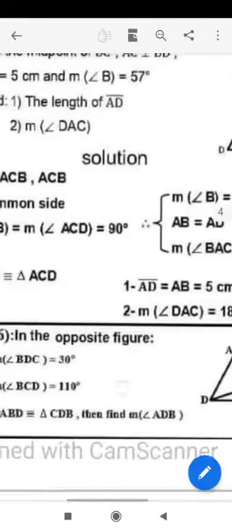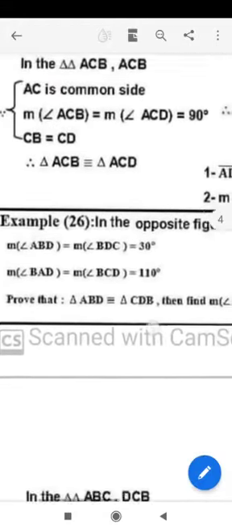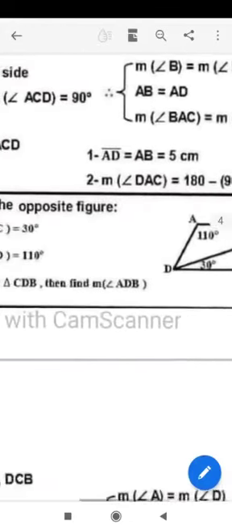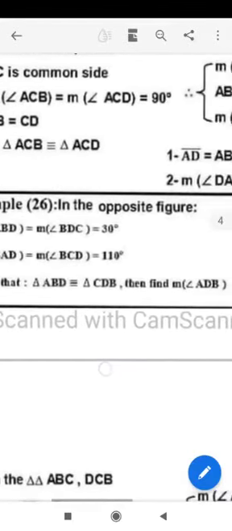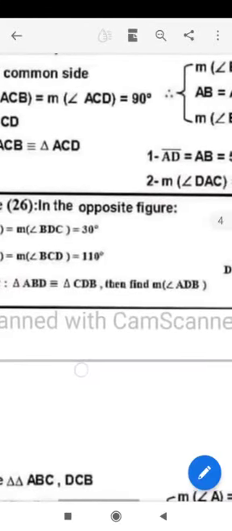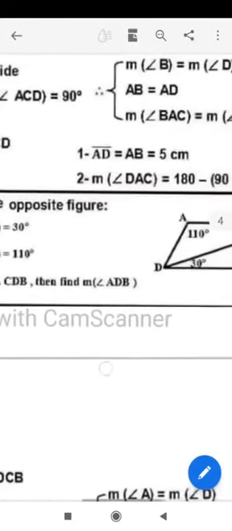Now for the second example. In the opposite figure, measure of angle ABD equals measure of angle BDC equals 30 degrees, and measure of angle BAD equals measure of angle BCD equals 110. Prove that triangle ABD is congruent to triangle CDB, then find the measure of angle ADB.